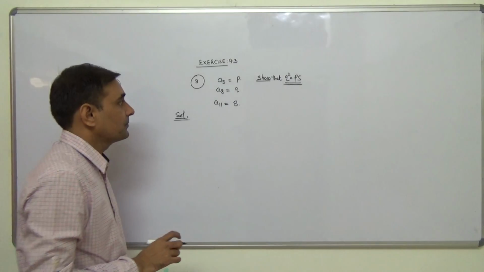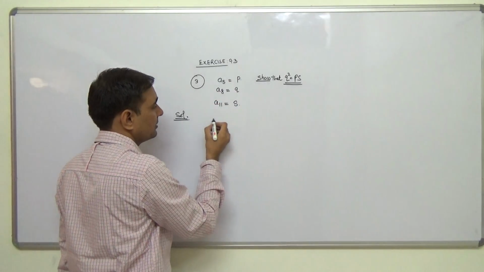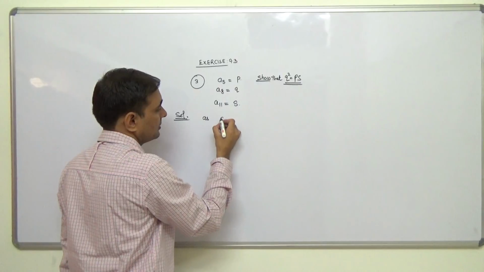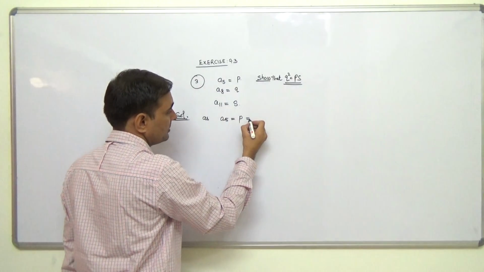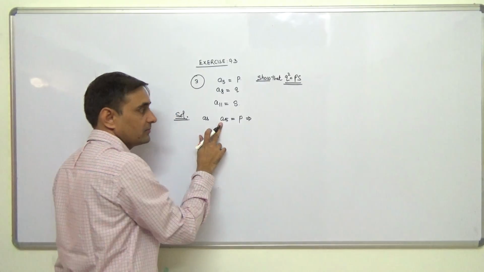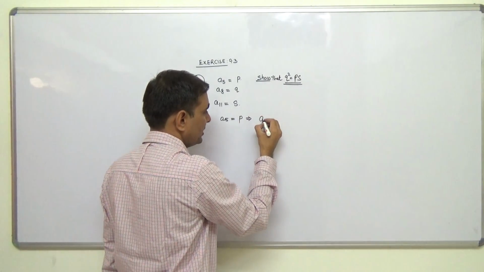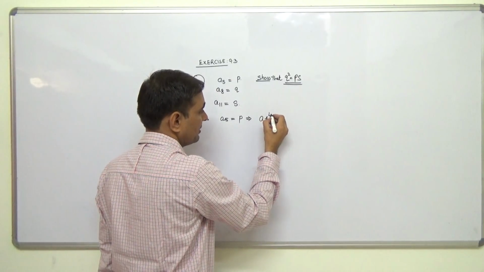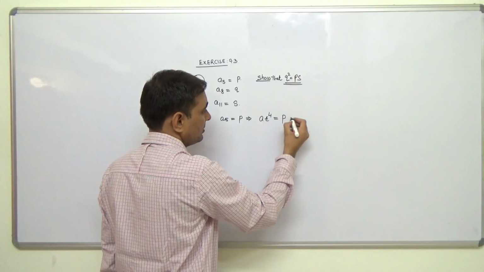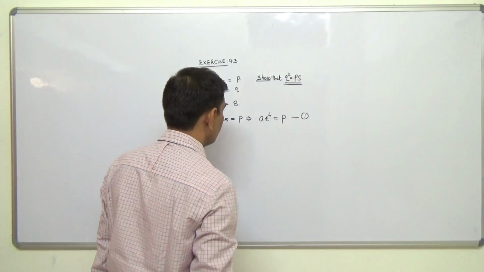Okay, see, A5 is P. A5 is equal to P. This implies, what is the formula for A5? A5 can be written as A into r to the power 4. That is given P. This is equation 1.